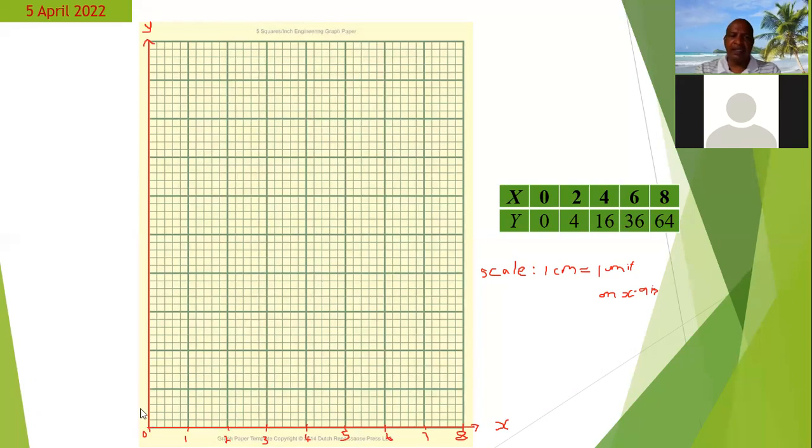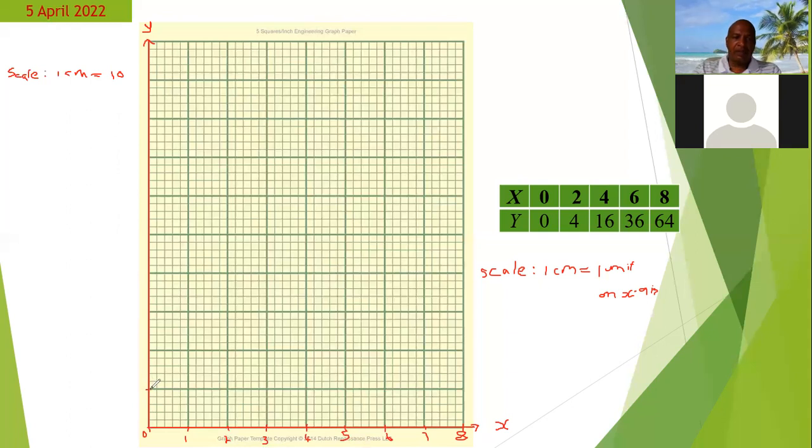All right, so for the y-axis, I'm going to use a scale of 1 centimeter equal to 10 units. So the scale for my y-axis is 1 centimeter equal to 10 units. Here we would count by 10.